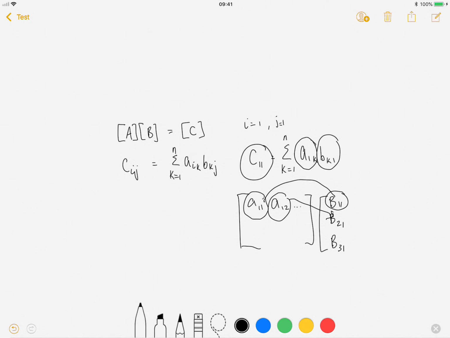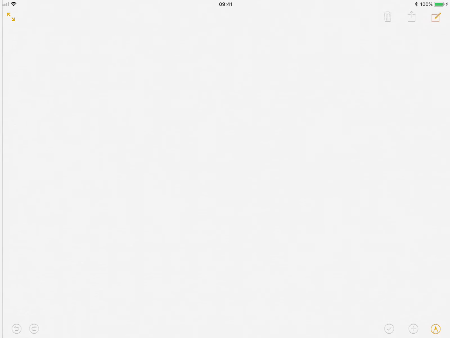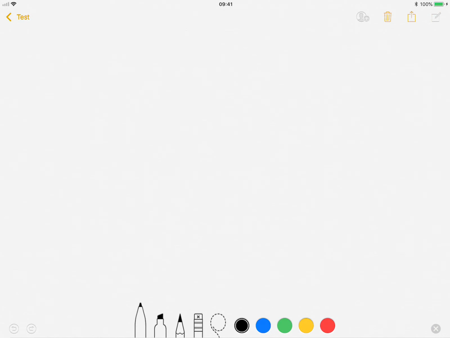Okay, now there are some important rules about multiplication, and that is if the dimensions of A and B are suitable, multiplication is associative. That is the multiplication of A, and I'm going to drop my square brackets, AB multiplied by C is also equal to A multiplied by BC.